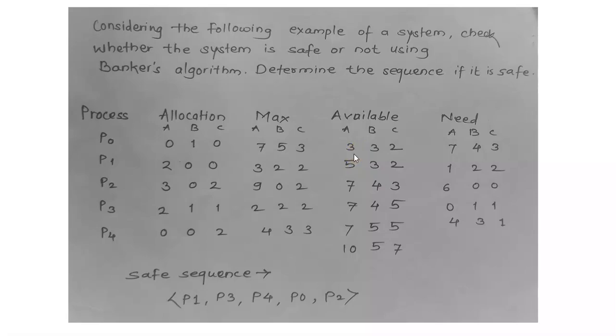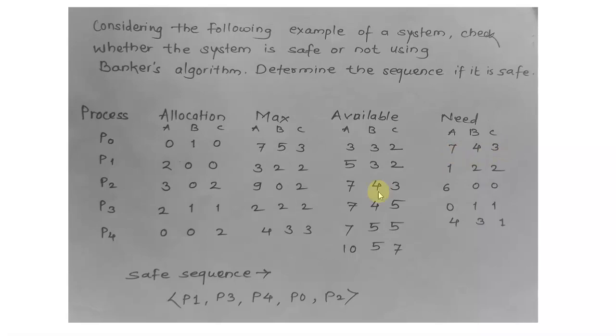Can we provide the resources from the available resources to P0? No, it is not possible. Why? Because the need of P0 is 7, but we have only 3. Here again 4 instances are required, but we have 3. So it is not possible to allocate available resources to the P0 process.